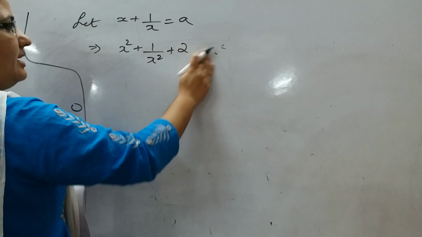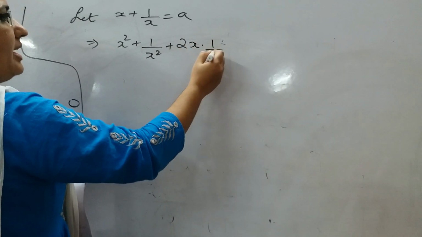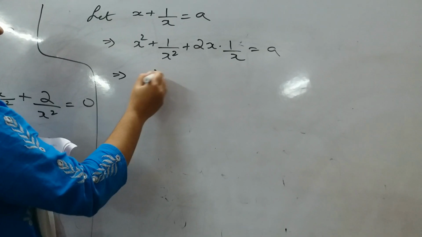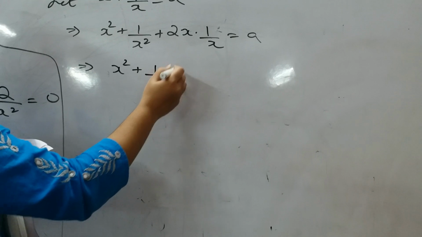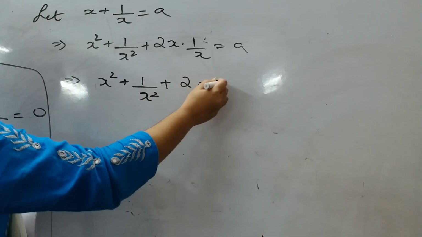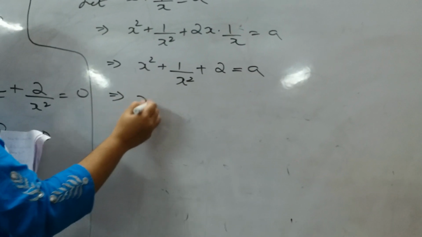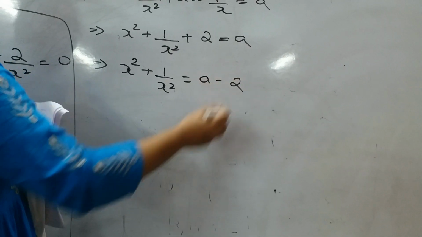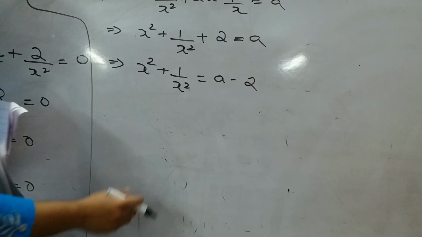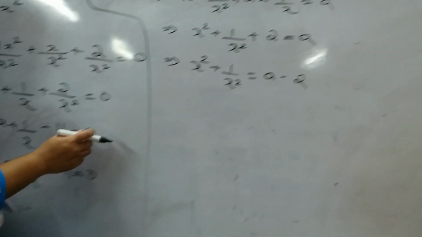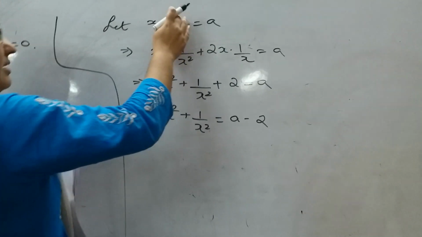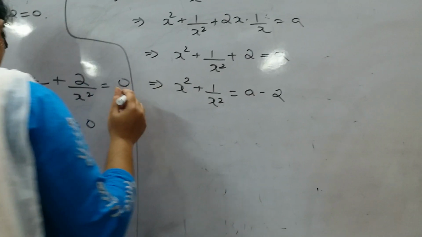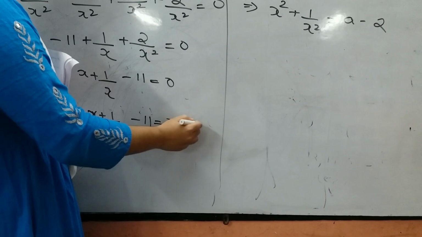Here 2 into x into 1 by x, the x gets cancelled, so you have x square plus 1 by x square plus 2 is equal to a square. This implies x square plus 1 by x square is equal to a square minus 2. Let us substitute x plus 1 by x as a and x square plus 1 by x square as a square minus 2 in this first equation. Let us call this equation 1.